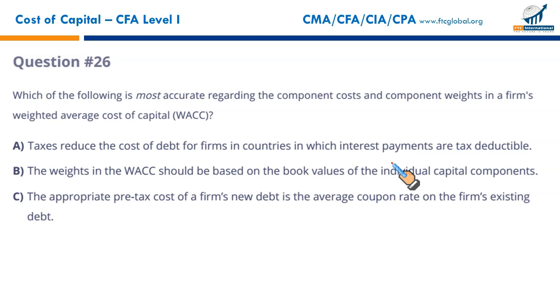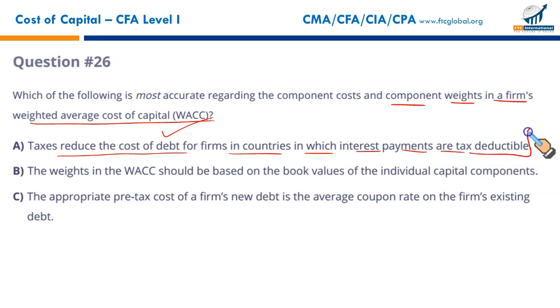Next. Which of the following is most accurate regarding the component costs and component weights in a firm's weighted average cost of capital? First, taxes reduce the cost of debt. So far, correct. For firms in countries in which interest payments are tax deductible, almost everywhere as far as I know, interest is a tax allowable expense.